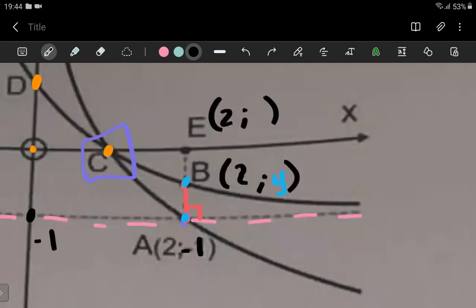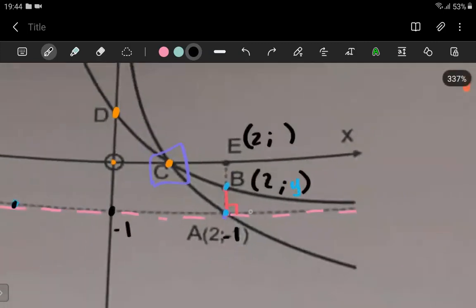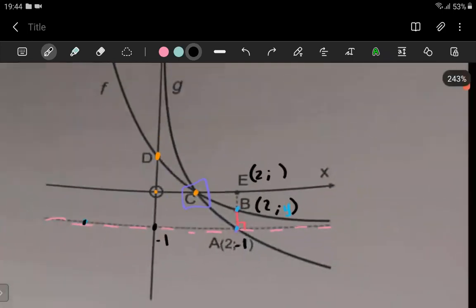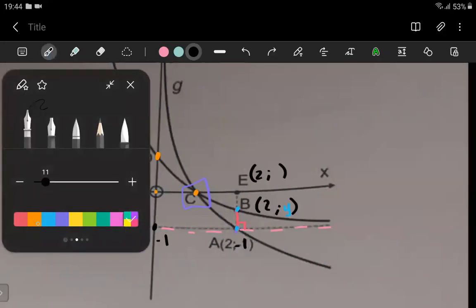But what you can do to get y is you have to remember point B is a point on a graph, right? And that point we have its x value, right? Yes. So what can we do to get its y value since it's a point on a graph? Can the equation of the graph help us?